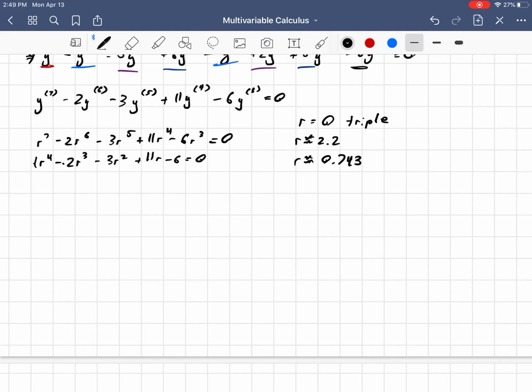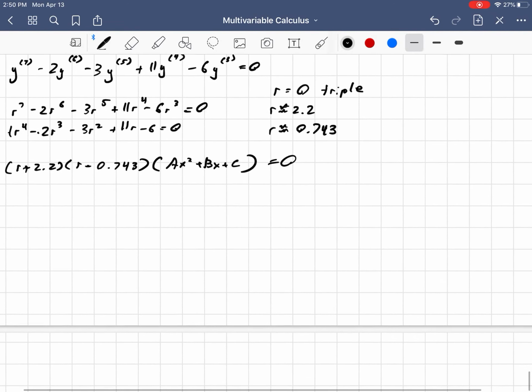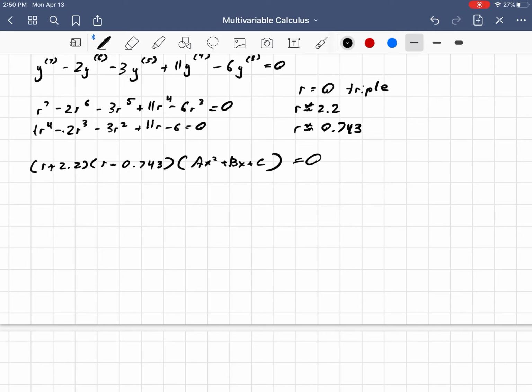Since we have two of the roots, we can technically factor it as r plus 2.2 times r minus 0.743 times some quadratic that I really don't want to find out, because then I'd have to do synthetic division with the negative 2.2 and the 0.743, and that would just get kind of ugly.